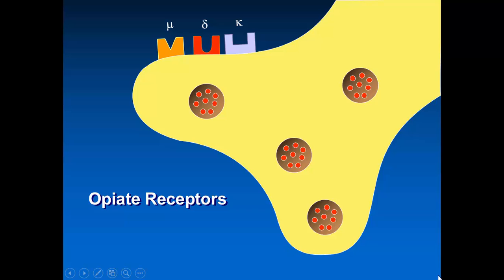Remember, and as was discussed last week, there are mu, delta, and kappa receptors. From a very practical standpoint and in terms of day-to-day management, we focus on the mu receptor and consider that opioids will act in all of these areas. Ongoing research is continuing in the evaluation of these receptors and how we can better control pain.